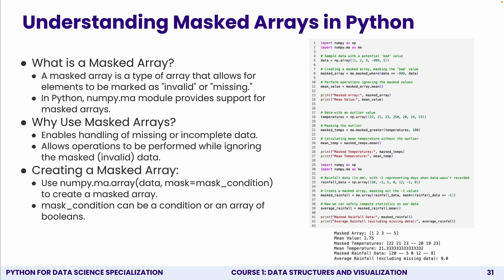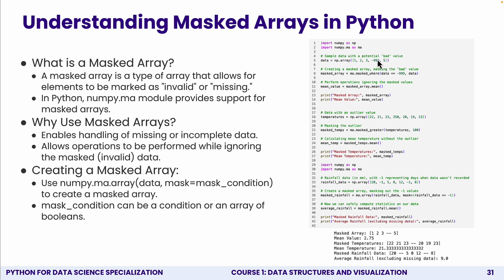So there is also the concept of a masked array. For masked arrays, we use the library numpy.ma. You can create a masked array with a particular condition. For example, every value that is equal to minus 999 will be masked. Look, now we have a NumPy array of values 1, 2, 3, and this undesired value, and 5.